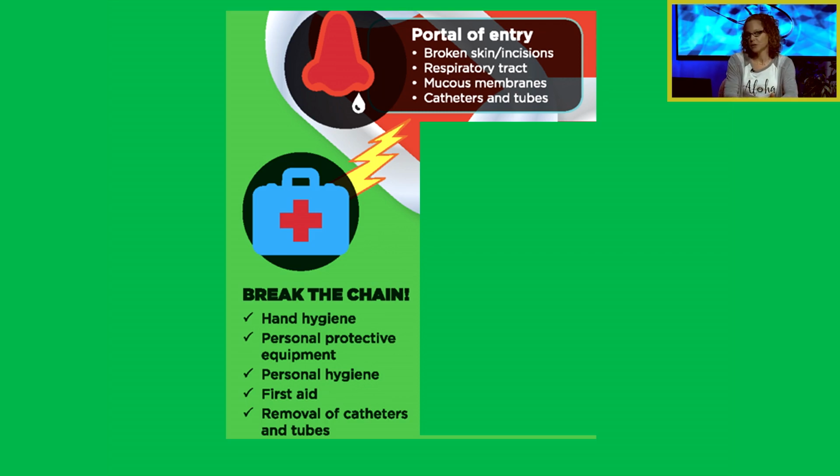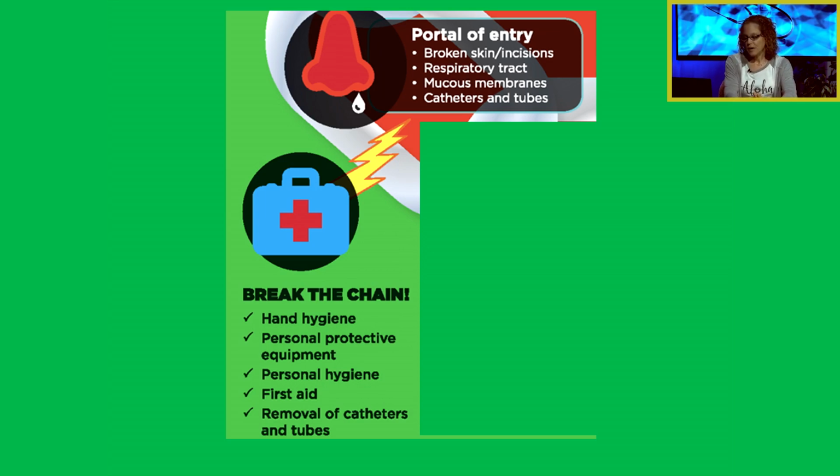And also catheters and tubes. So we mentioned earlier that a Foley catheter is a portal of entry for bacteria to cause a urinary tract infection. And so breaking the chain for portal of entry, important are hand hygiene, washing hands, using personal protective equipment like masks and gloves and surgical gowns, our own personal hygiene, right?